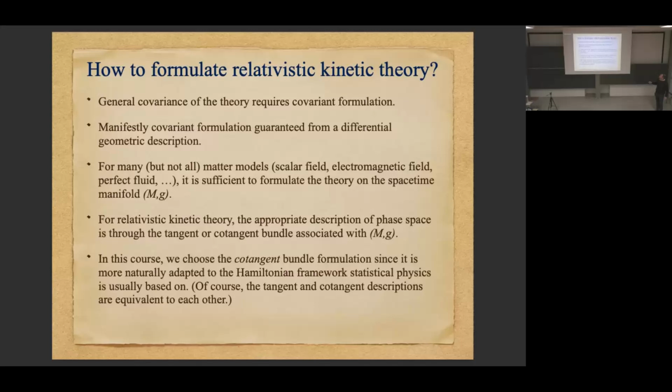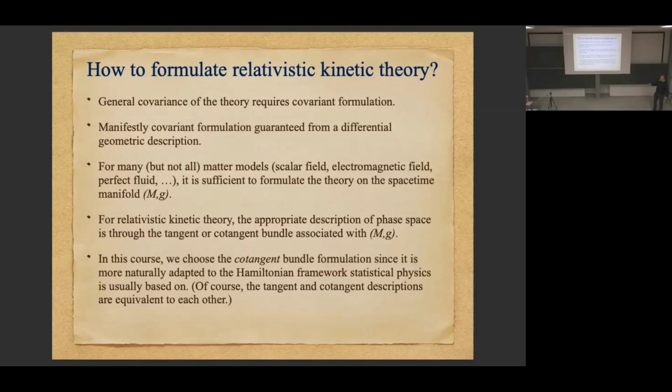Okay, now for many, but not all matter models, it is sufficient to work on the space-time manifold. For example, if you work with a scalar field, electromagnetism, or a perfect fluid, then usually it's sufficient to study the geometry of the space-time, or maybe something derived from the space-time manifold and other quantities from the fluid.